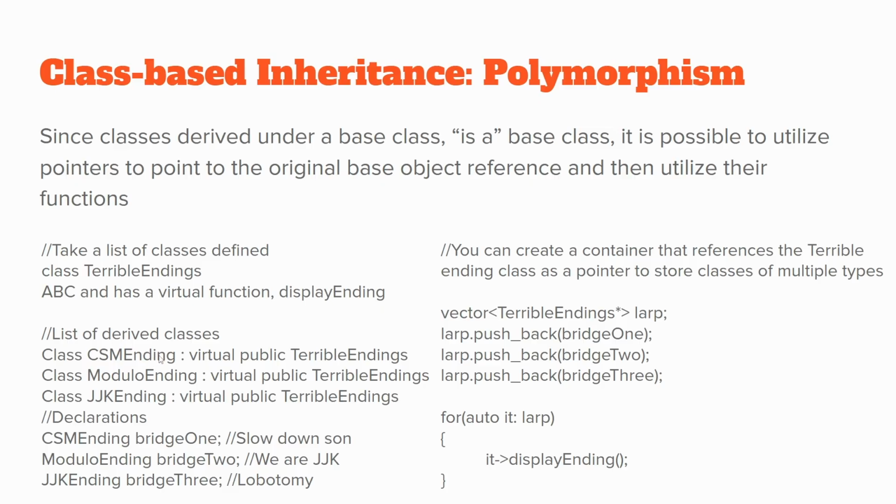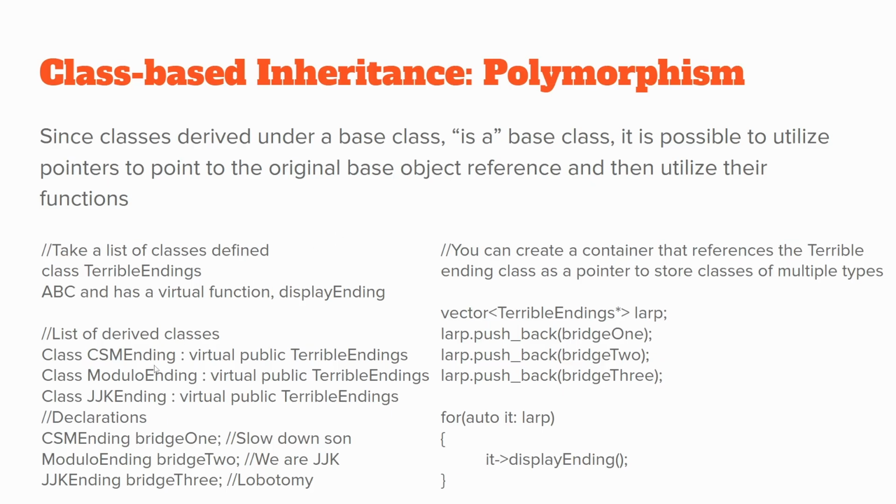However, in C++, you can use polymorphism to create a container that references the Terrible Endings class as a pointer to store classes of multiple types. Essentially, we've declared a vector which stores Terrible Endings pointers in this variable called larp. The reason why this works is because of a concept called upcasting and downcasting.